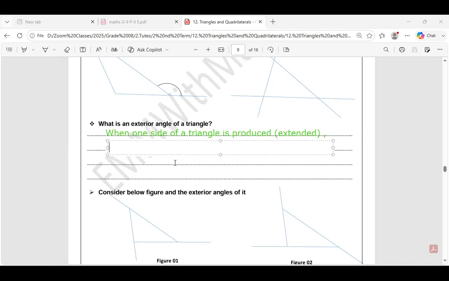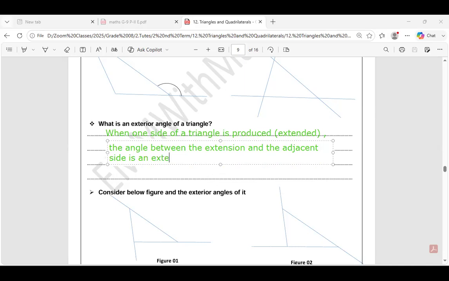The angle between the extension and the adjacent side is an exterior angle of the triangle. This is the introduction of an exterior angle.